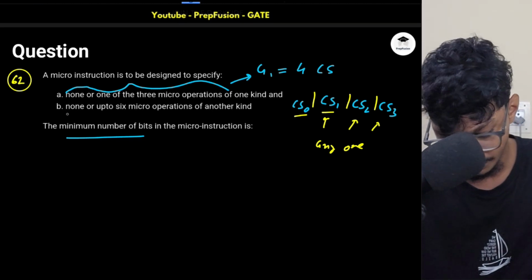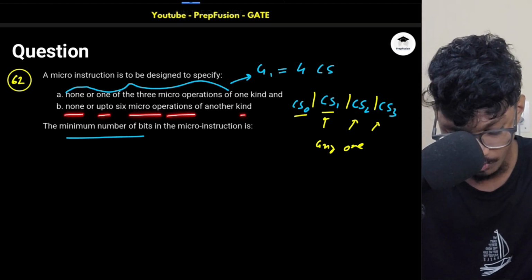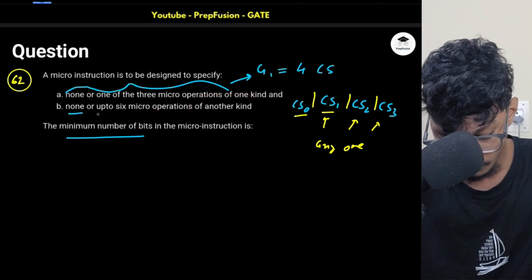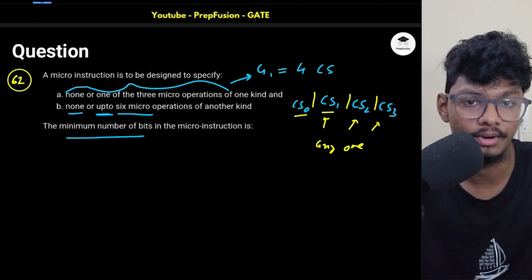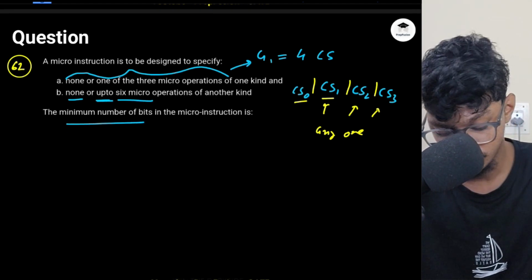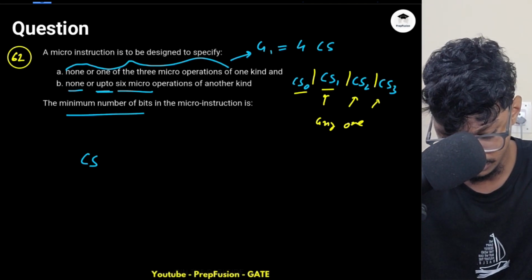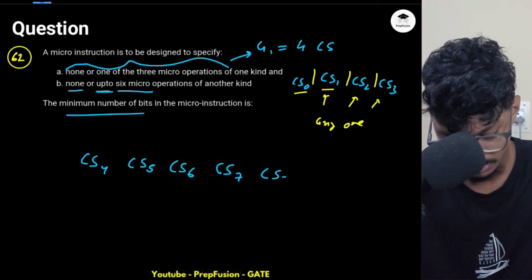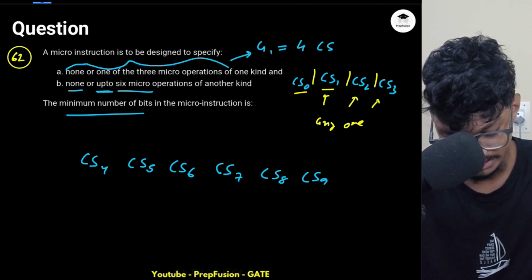Now they tell me none or up to 6 micro operations of another kind. So I have the control signals CS4, CS5, CS6, CS7, CS8 and CS9.